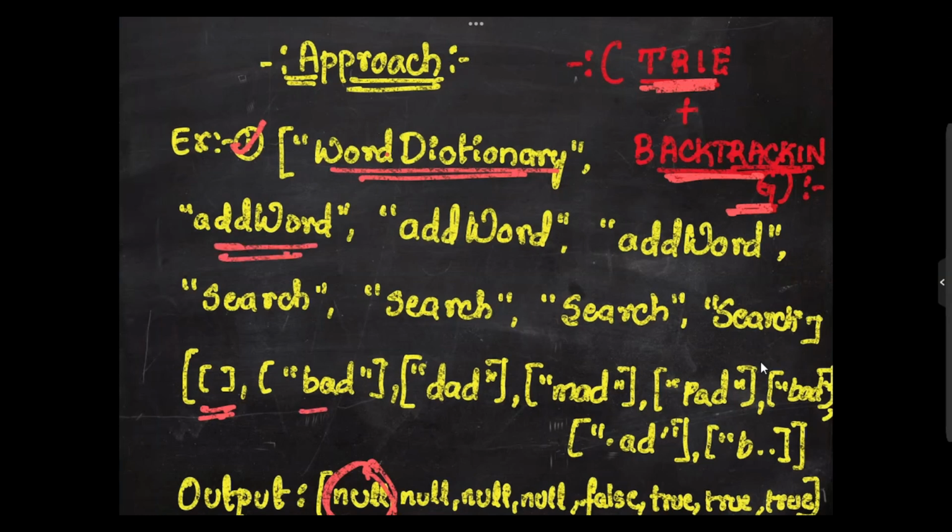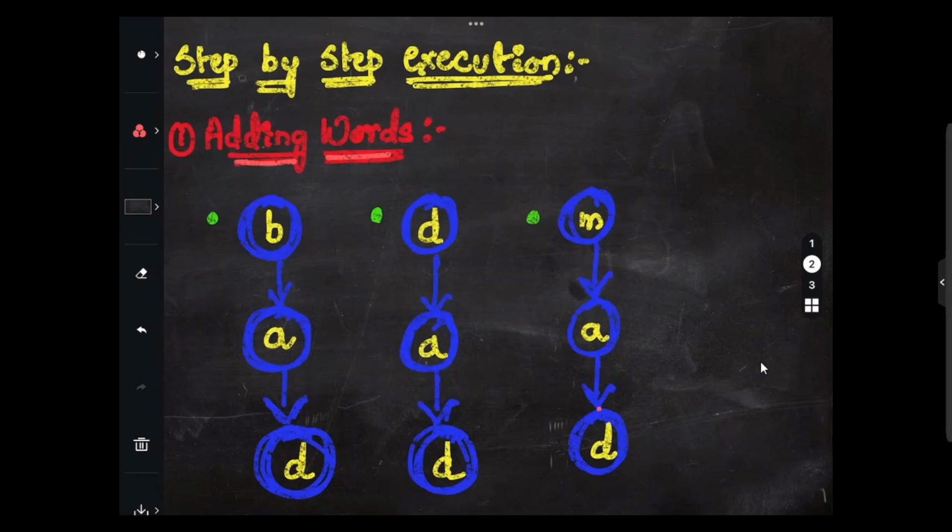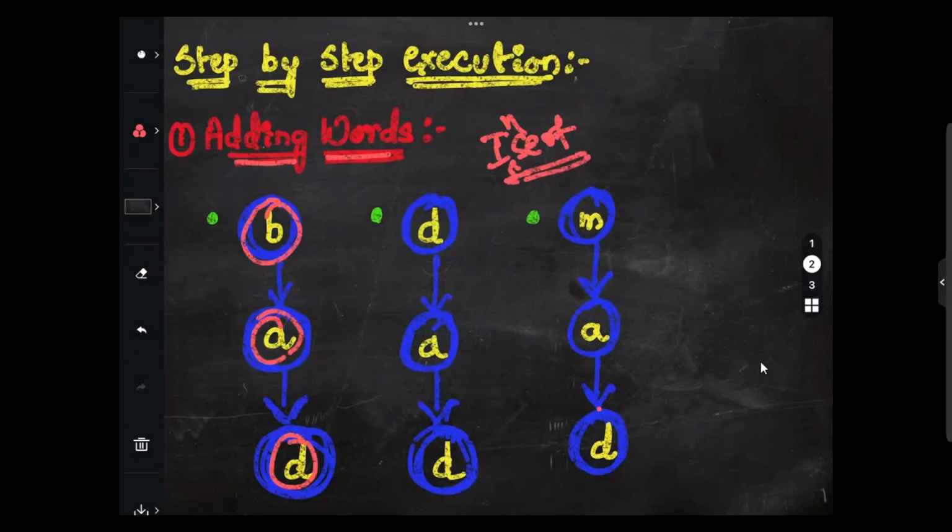So let's go with add word of bad, add word of dad, and add word of mad. We have these three. In this case, we are inserting the words here: bad, dad, and mad.